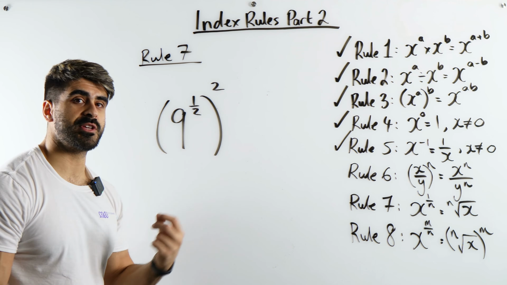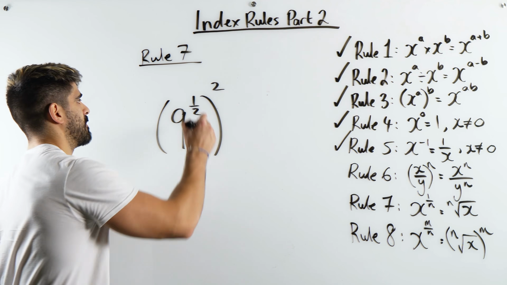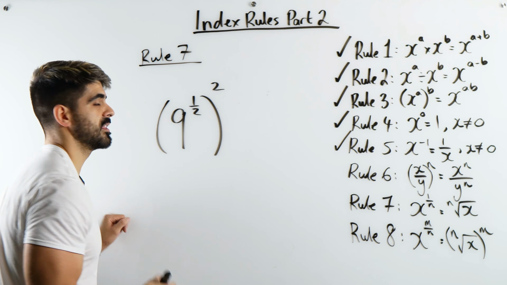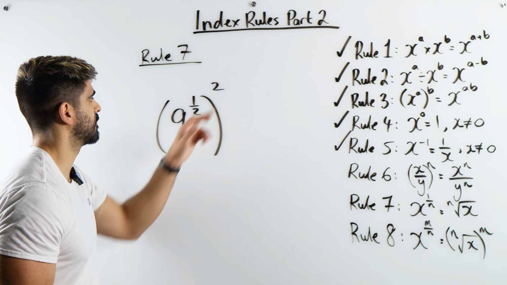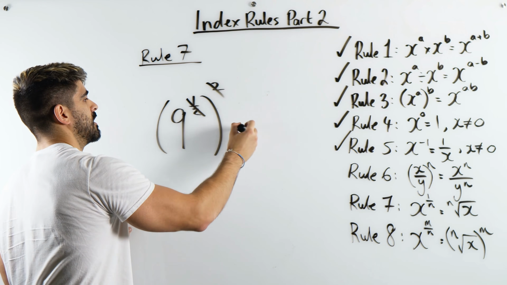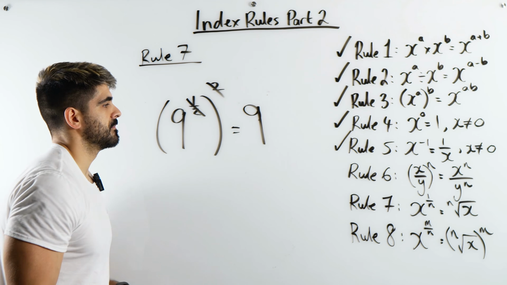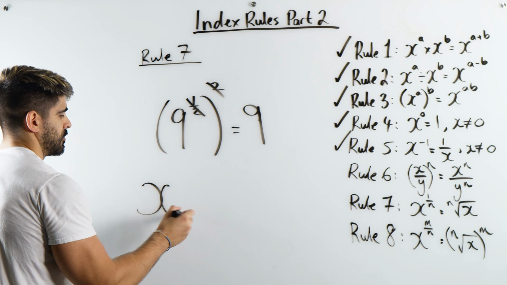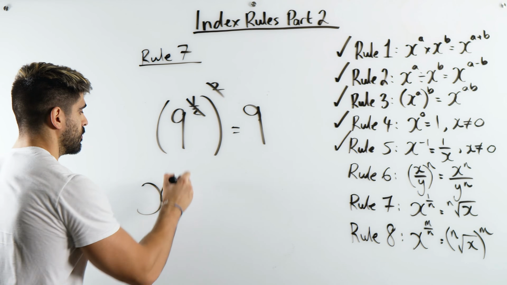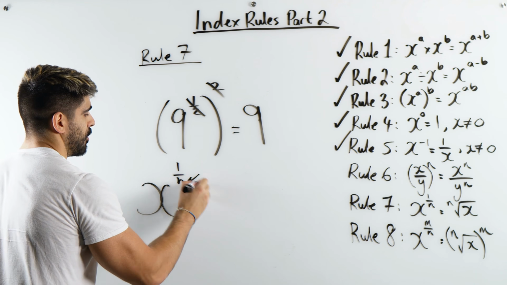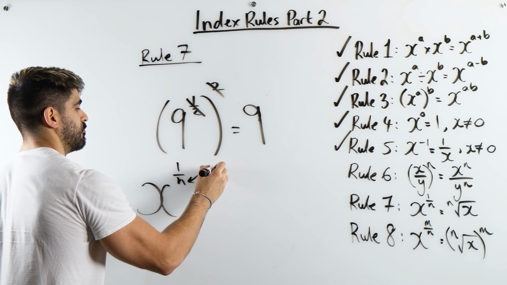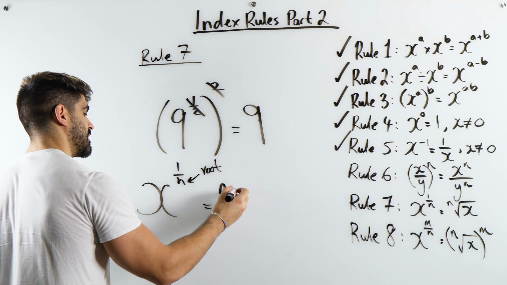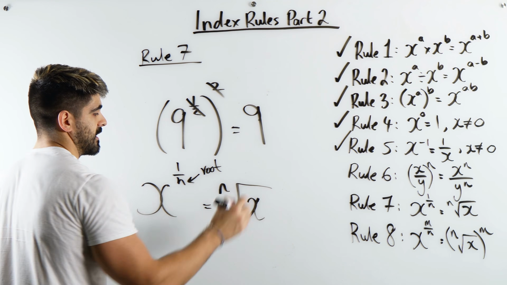Then when you square it, you get back to 9. Well, that must mean these are inverses of each other. They're the opposites. It works because a half of 2 cancels to give you 9. So this explains, not necessarily proves, the rule that the denominator tells you what root you are taking. That's why we say the nth root of x.